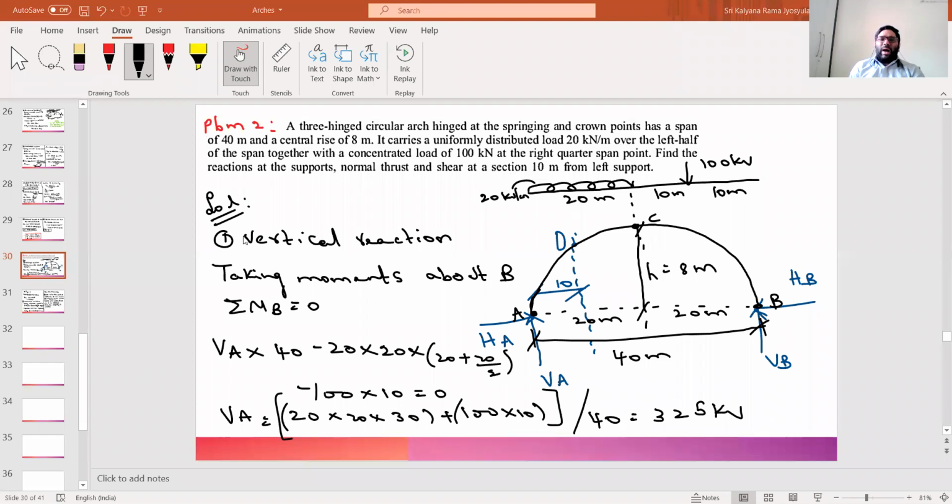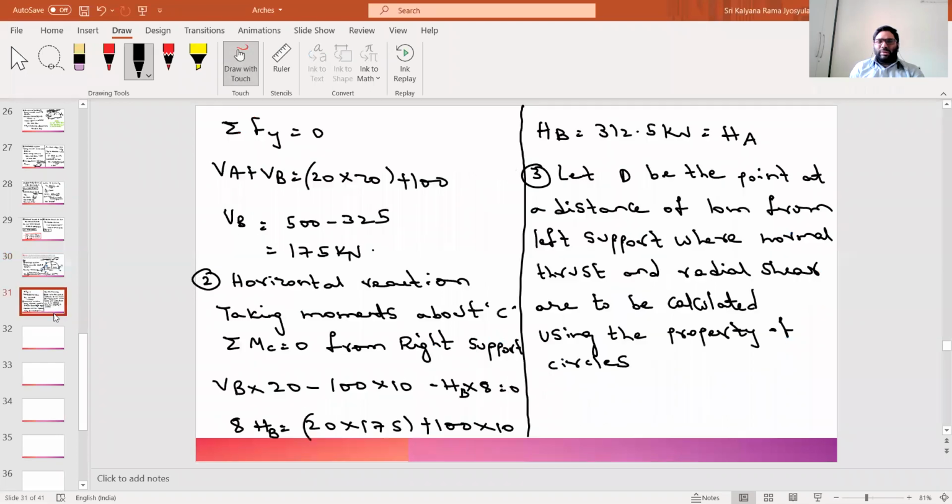If r is the radius of the circle, which we need to find using the property of the circle, r is to be calculated.